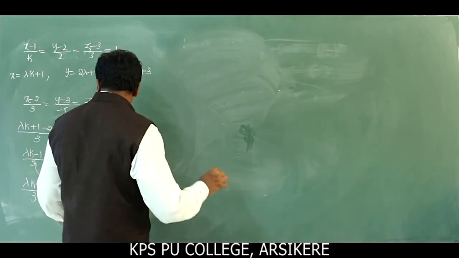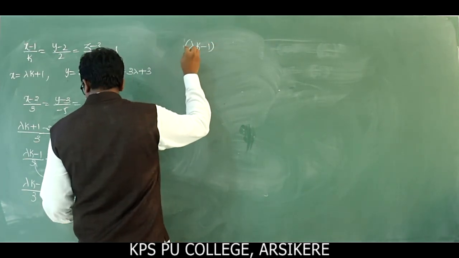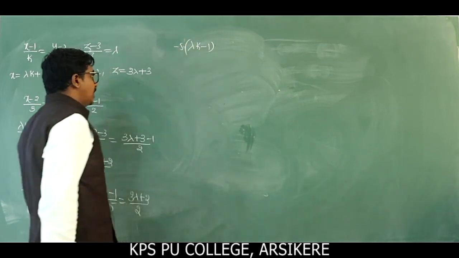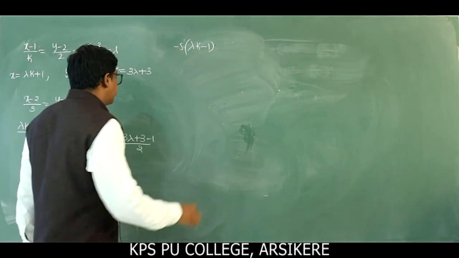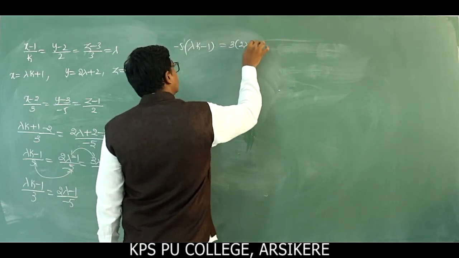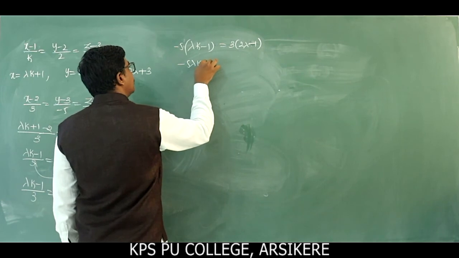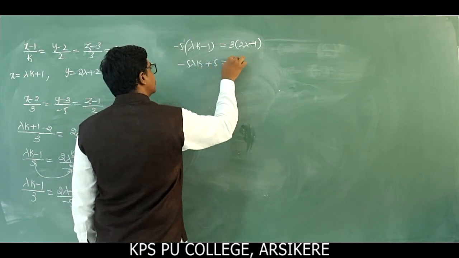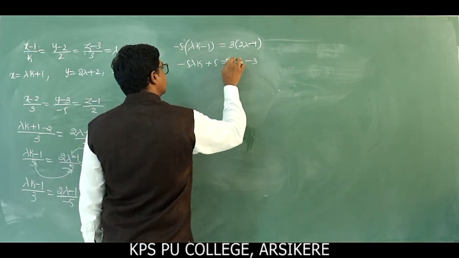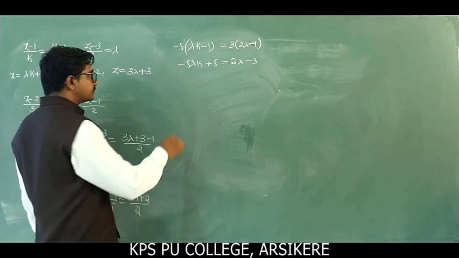Just observe first and second equation. Lambda k minus 1 is there. When we cross multiply, on the left we get minus 5 into (lambda k minus 1), and for right hand side 3 into (2 lambda minus 1). This is minus 5 lambda k plus 5 = 6 lambda minus 3.